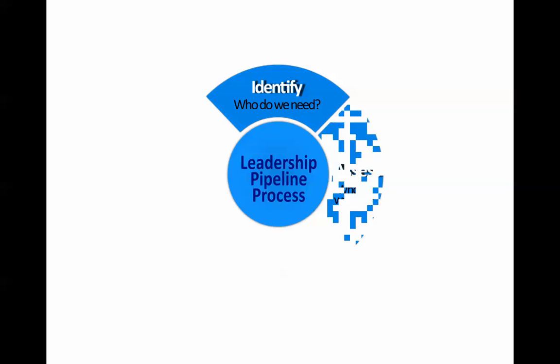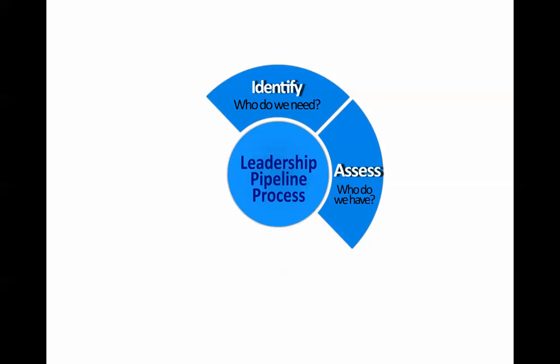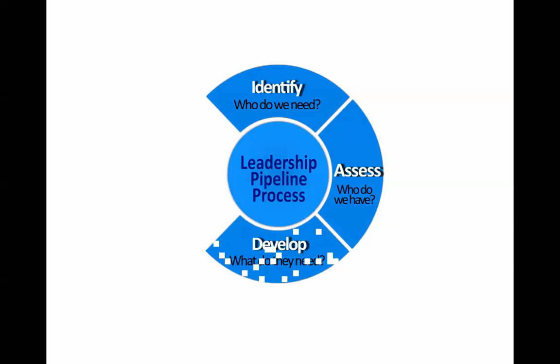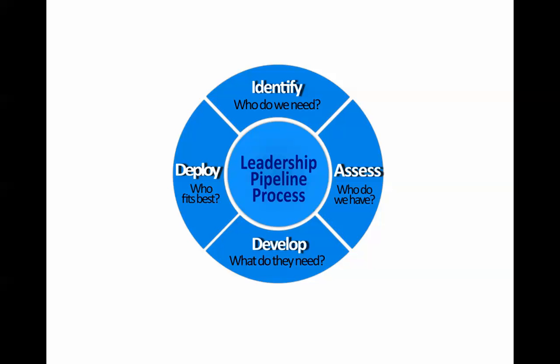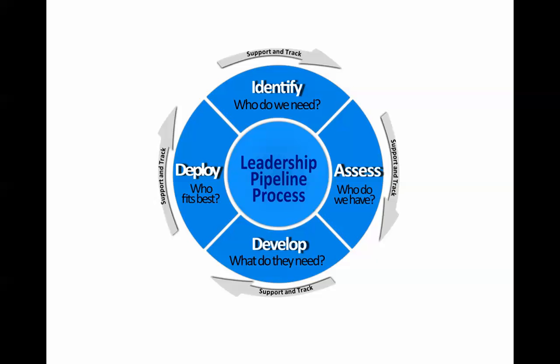Step 2 assesses who we have to fill these specific leadership needs. Step 3 seeks to develop those potential leaders so that they'll be able to effectively fill the leadership needs. And Step 4 deals with selecting and deploying the most suitable person to a needed leadership position. All of this is done in an environment of active support and tracking.